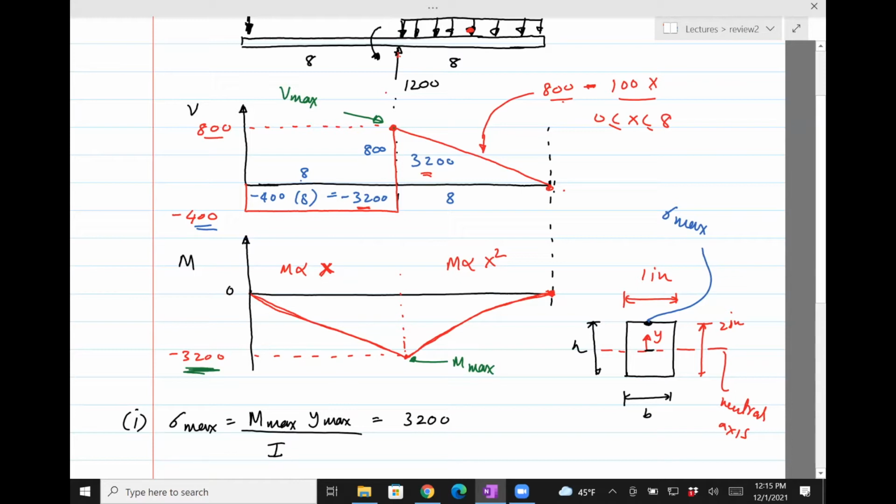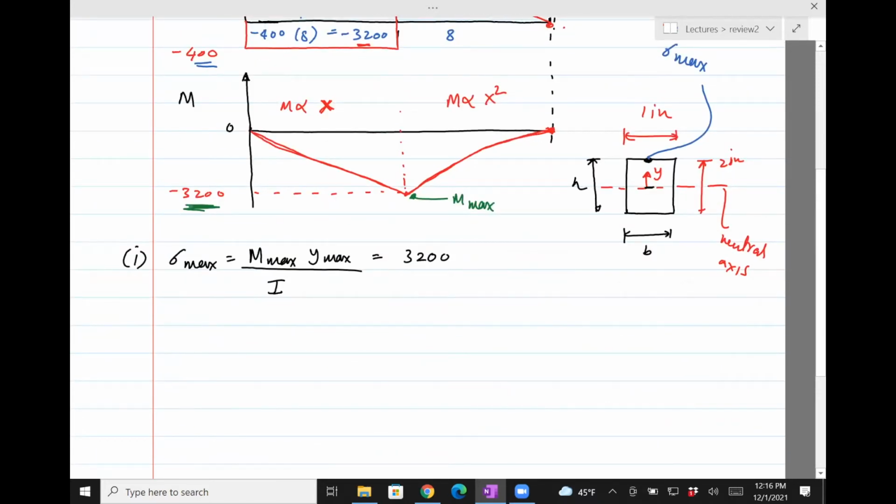Quickly check that. Okay, so if I go back and look at the sign convention, it says the following.